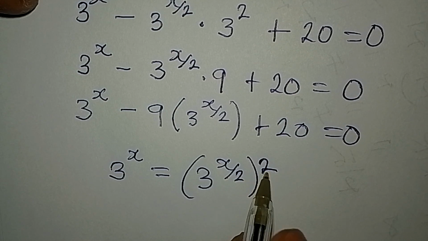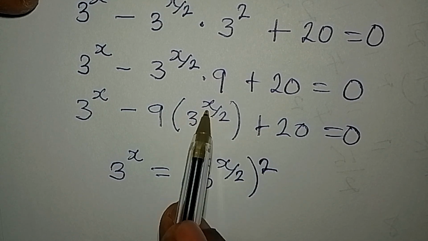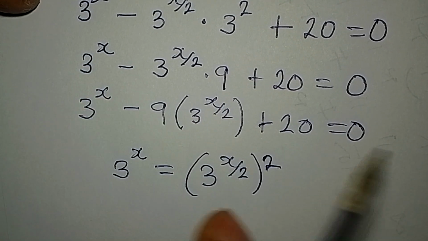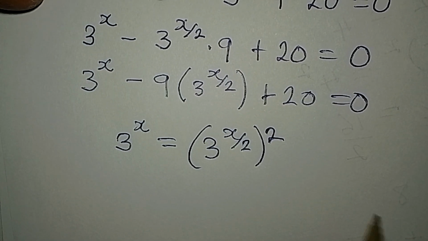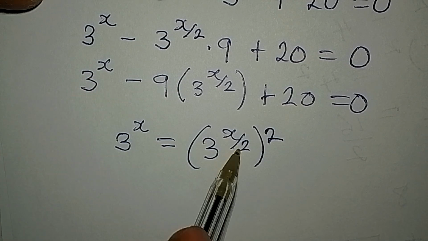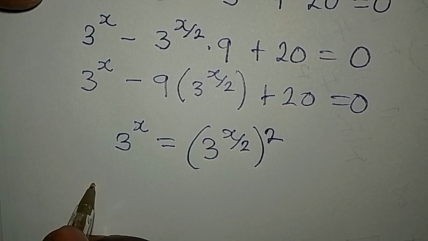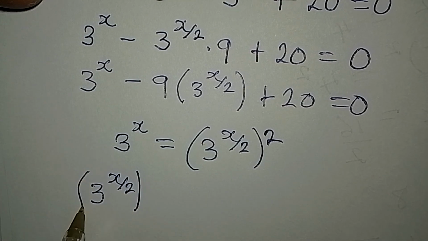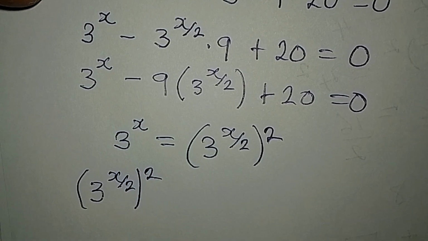And then I'm arranging this so that we'll have something like this in this place. So let's continue. In place of 3 to the power of x, I'm writing the whole of this, and that is 3 to the power of x over 2 to the power of 2.